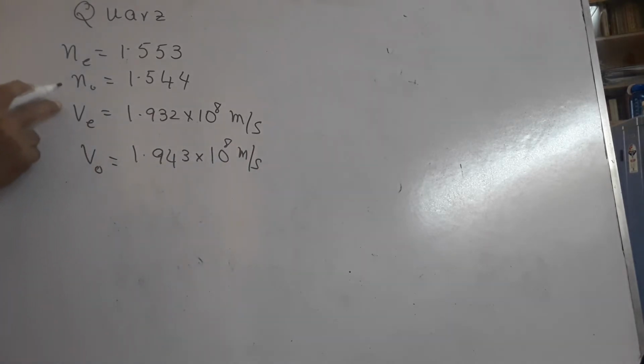Notice Vo is greater than Ve, and that's for a positive crystal. So this gives you an idea of how the velocity change occurs. It's not very much, but enough to make physical observations.